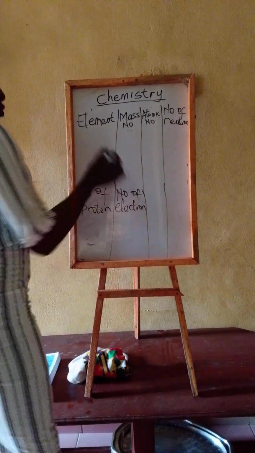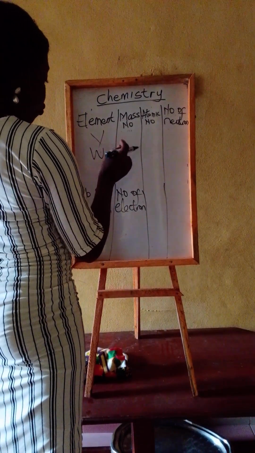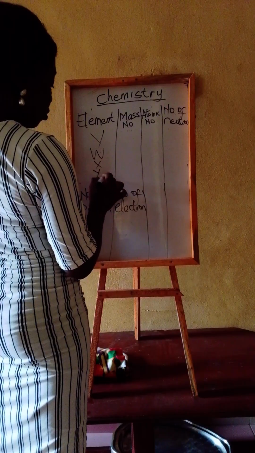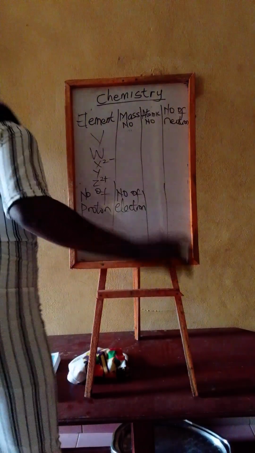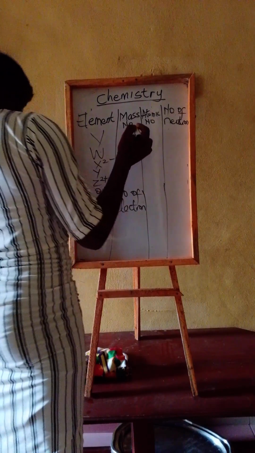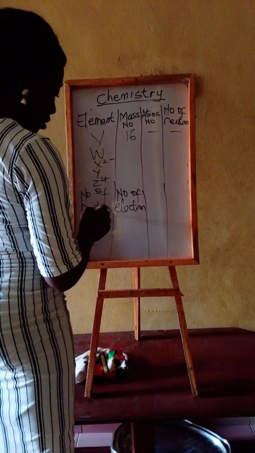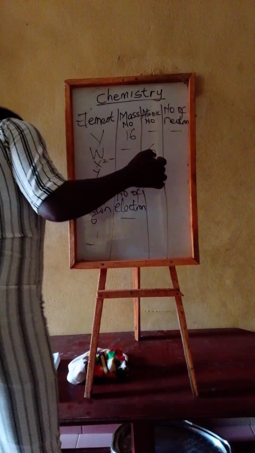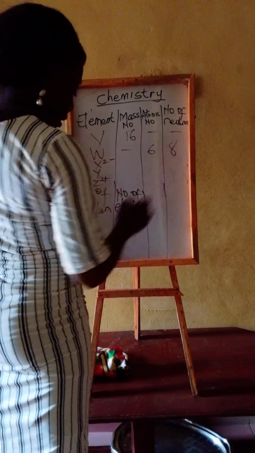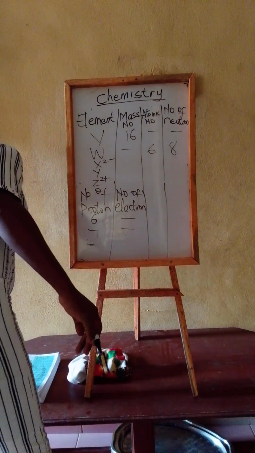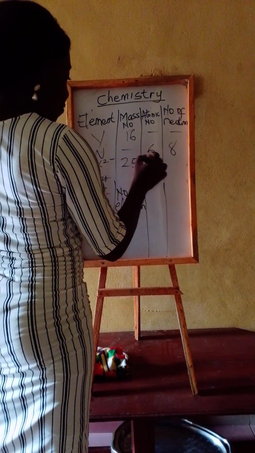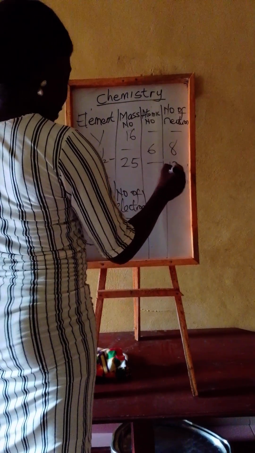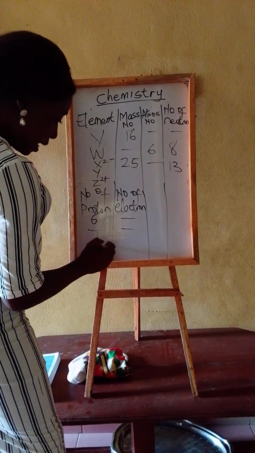So we have V, W, X, Y, Z. So let's say we have 2 plus here. We have 2 minus here. So we have 16, dash, dash, 6, dash. We have dash, 6, 8, dash, dash, 25, dash, dash, 25, 13, dash, dash.